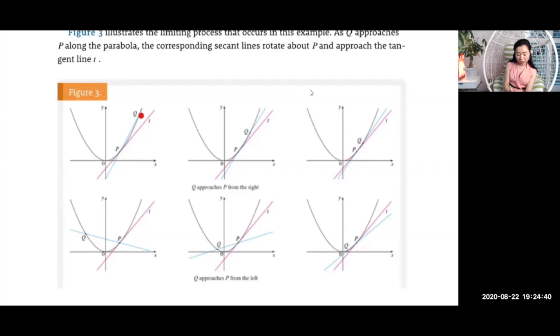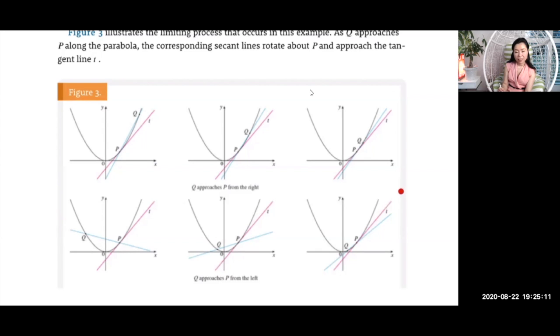You don't have to choose this point Q to be on the right side of P. Let's choose Q to be on the left side of P, on this side of the parabola. You draw the secant line PQ again, and then you move Q closer and closer to P. As you notice, the secant line PQ is getting closer and closer to this red tangent line.